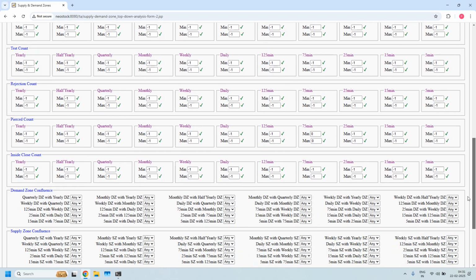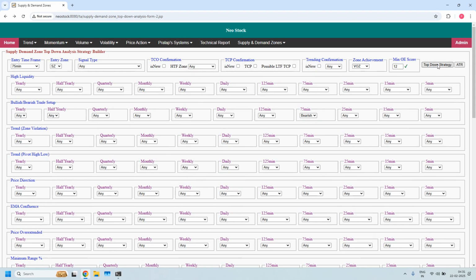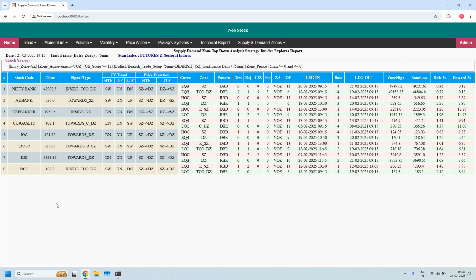So in the supply zone confluence, I am enabling the filter 75 minute supply zone having daily supply zone confluence or not. That is LTF, ITF supply zone confluence. We got 8 stocks out of 10.